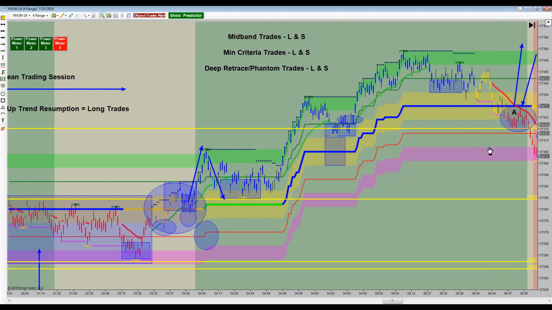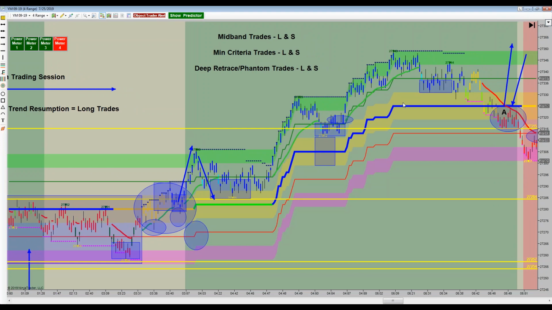Now, continuing on, here we see that the support level is broken. And with the formation of these bars right here, what happens to the background color? It turns red. It's a thrust down, and the background turns red, and the bars are red. The support is broken.